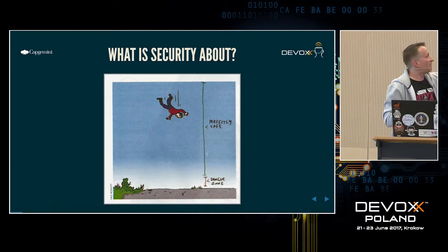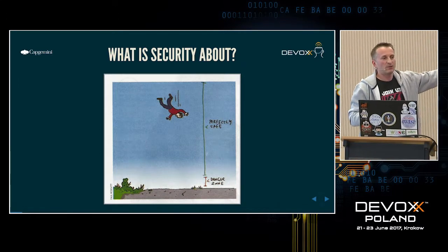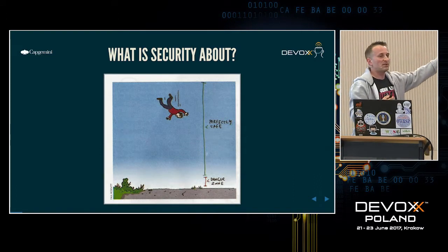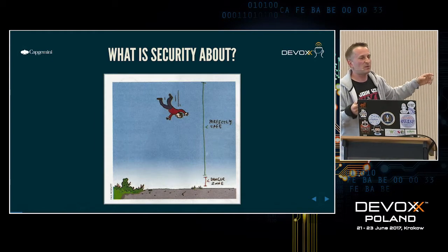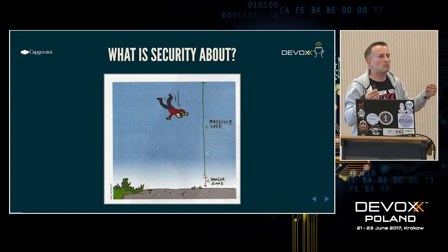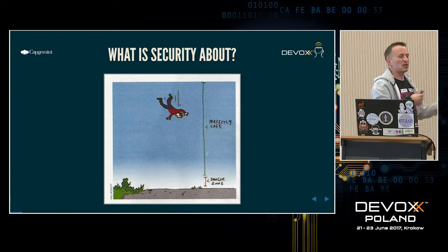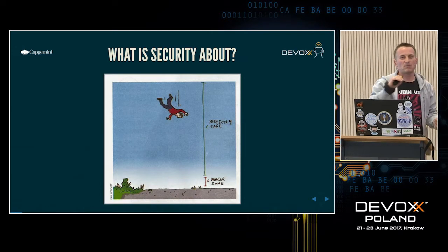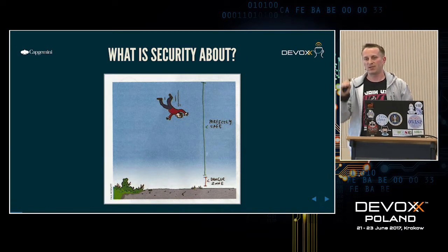In terms of falling from a height on the floor, well, security isn't about the art of how you fall on the ground. It's not about the problem of the last 5 centimeters before you hit the ground. It's not even a problem of being pushed or jumping from the cliff. What security is actually about is managing risks.